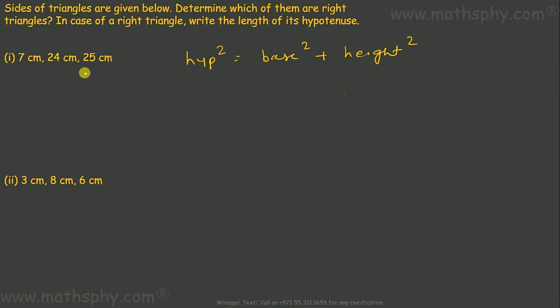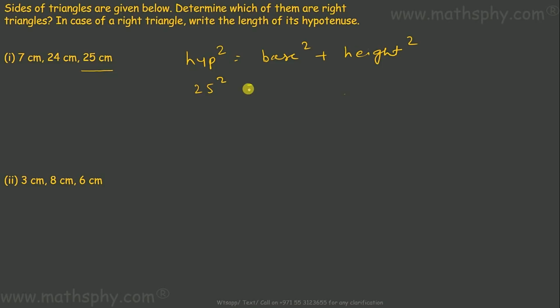Second thing is, we know that hypotenuse is the longest side. In these three sides, 25 is the longest. So if I take this as hypotenuse and put it into this format, then 25 square should be equal to 24 square plus 7 square. And if that doesn't work, it means this is not a right triangle.